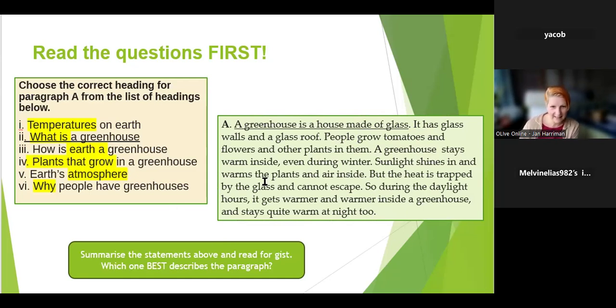Is there anything that says anything about the planet? Can you see the word Earth in here? Remember, we're just scanning for these individual words. All right, we've got plants, but we don't have a lot of plants. So it's probably not about plants that grow in a greenhouse. Okay. Is there anything about the Earth's atmosphere?